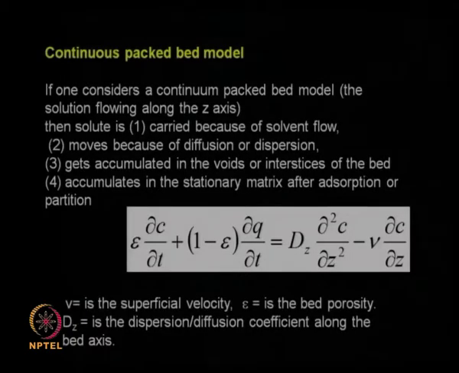We also started introducing this particular concept which is called the continuous packed bed model. So if we consider our chromatographic column as a packed bed consisting of a tubular design, it is a continuous system. So there is an axial z axis, okay.